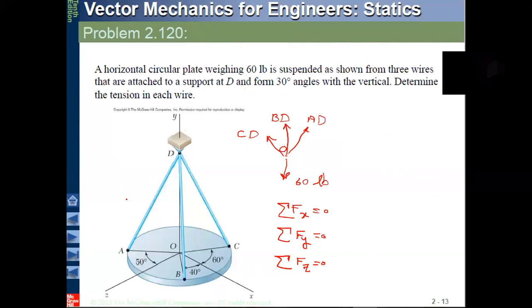In this problem, you take the y direction vertically downward, and then you would have x direction, and you would have z direction.